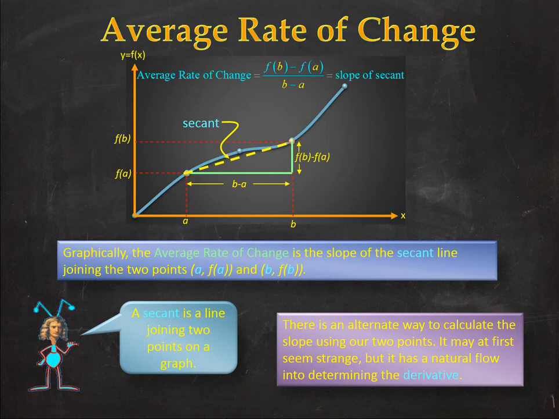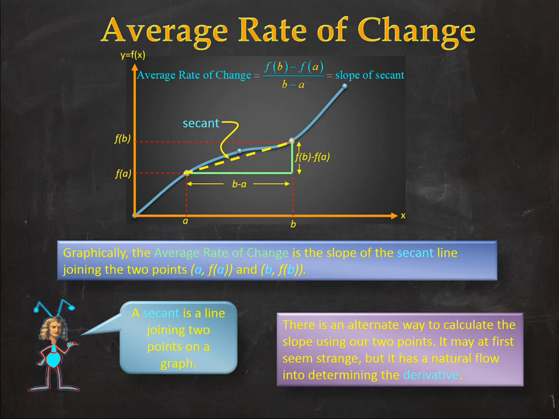Now, this technique to calculate the average rate of change, and I would recommend that you use this formula for the average rate of change of any functions, let's say between 2 points a and b, of using f of b minus f of a over b minus a. But I'm going to show you an alternative way of doing this.